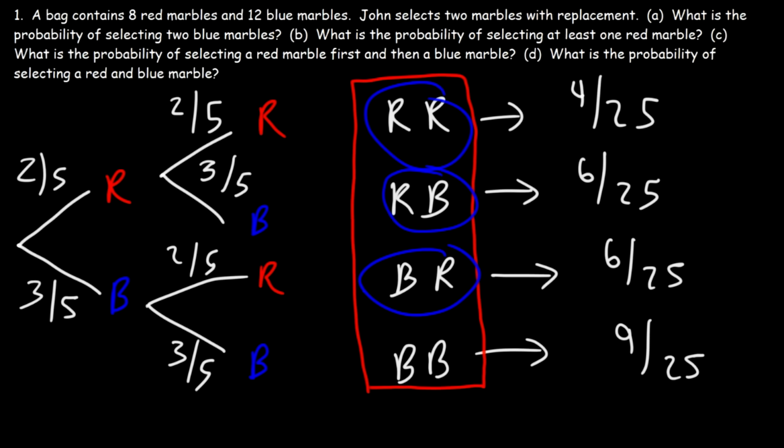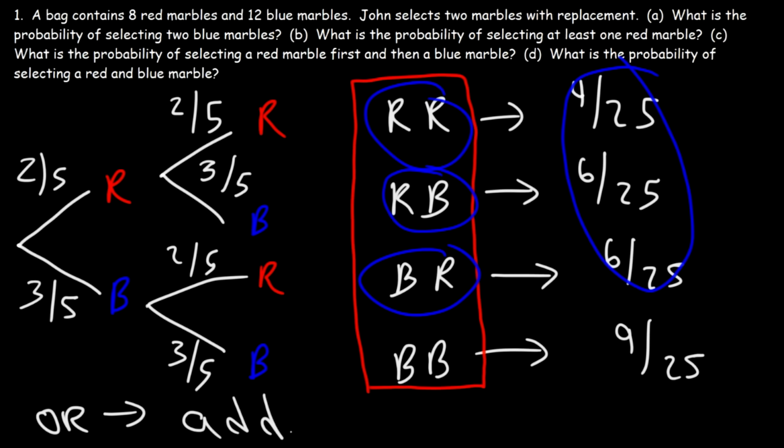So in order to calculate the probability of selecting at least 1 red marble, what we need to do is add up these 3 values, because it could be RR or RB or BR. And remember, the word "or," when dealing with probability, means that you need to add the individual probabilities for each event.